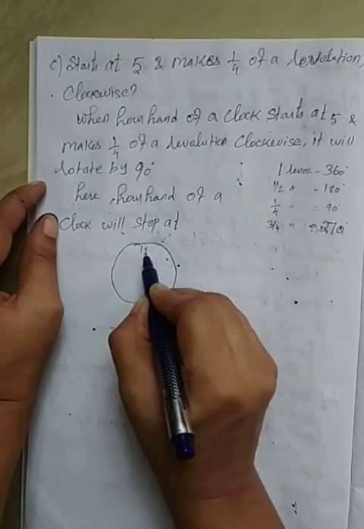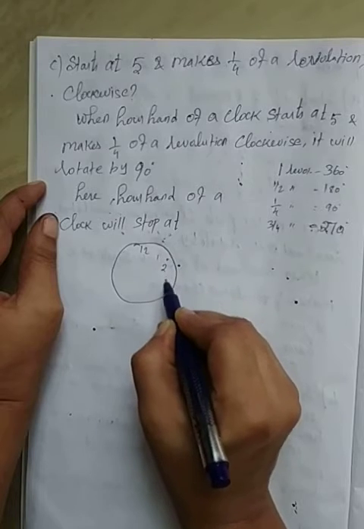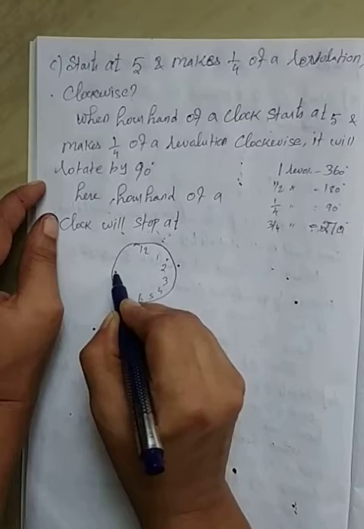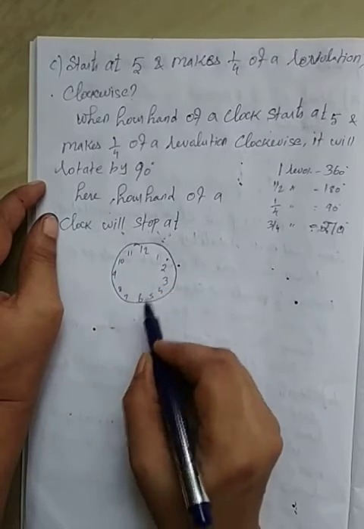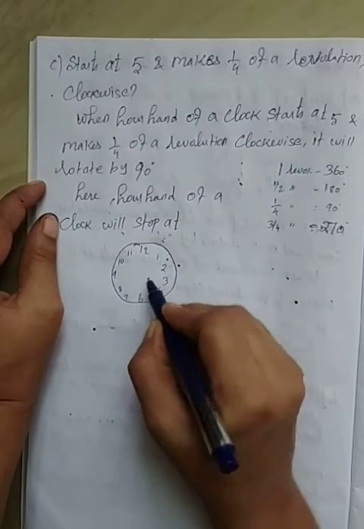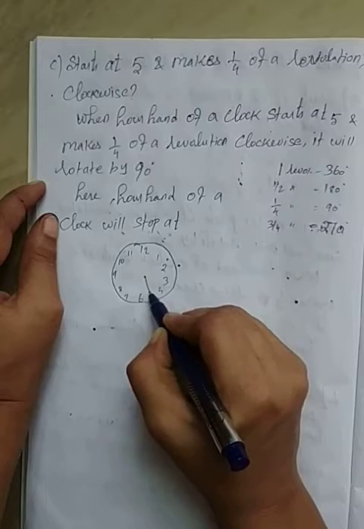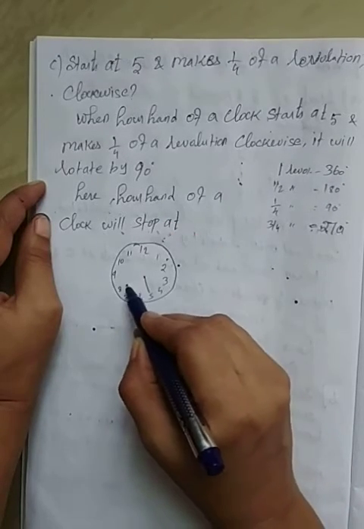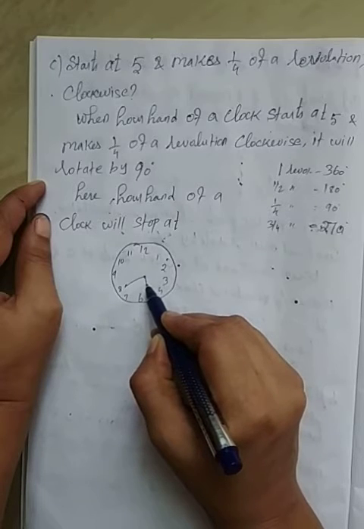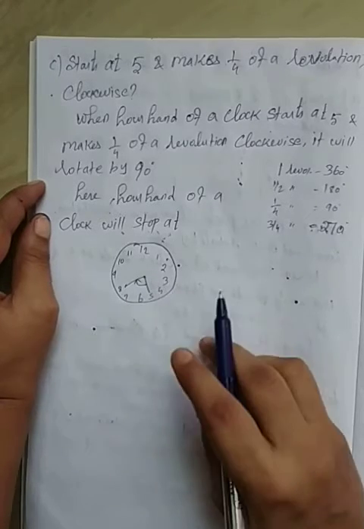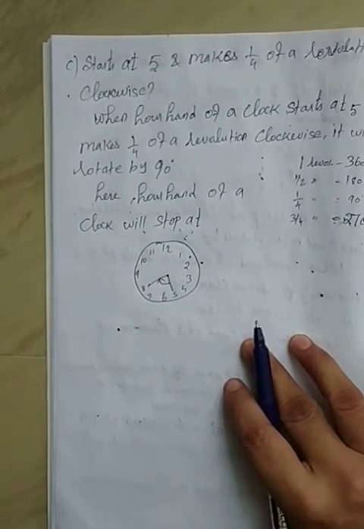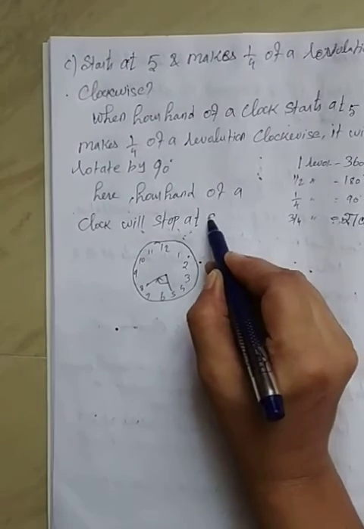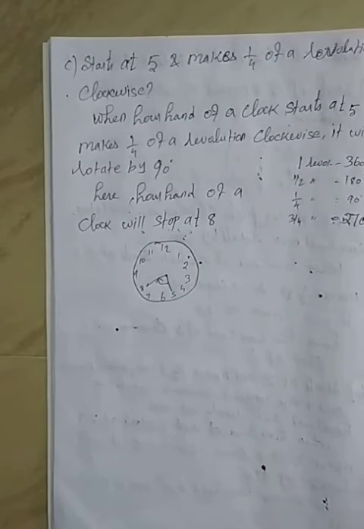See the diagram, this is 12, 1, 2, 3, 4, 5, 6, 7, 8, 9, 10, 11. See here, the starting point is 5, 90 degree. Okay, see after that 6, 7, 8. See, 5 to 8 means here. So we can say finishing point, stop at 8. Everybody clear? Okay.